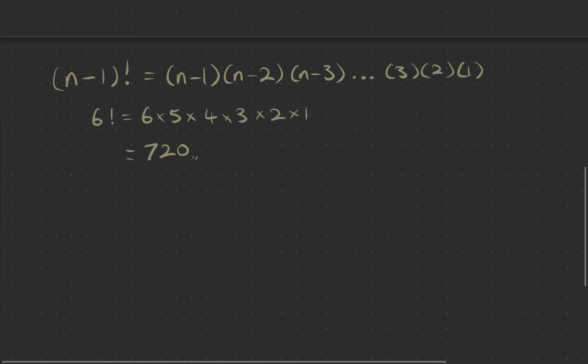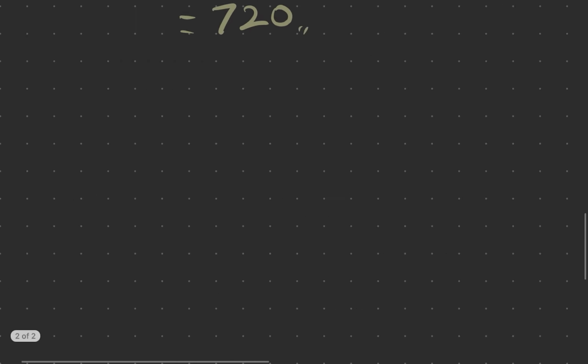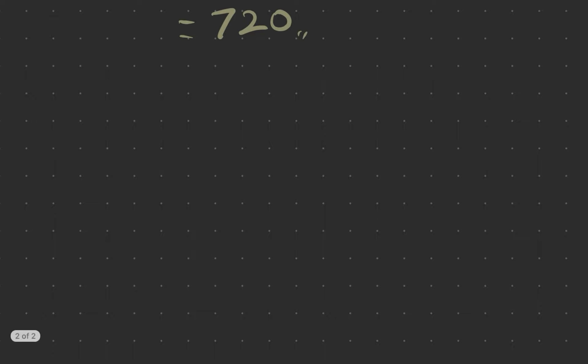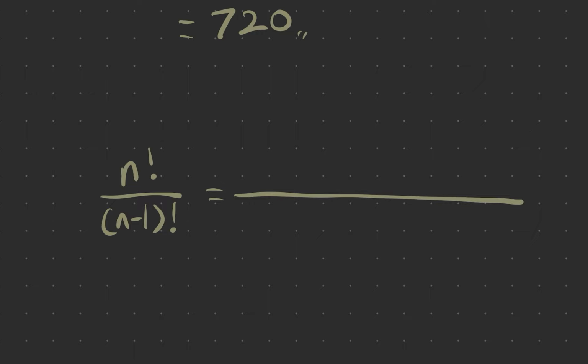Right, let's do a little bit more of a level up. Let's do n factorial over n minus 1 factorial. Okay, so now we work on them one by one first. Don't complicate things. So n factorial is equal to n times n minus 1 times n minus 2, and then it goes on to 3 times 2 times 1. For n minus 1 factorial, same thing.